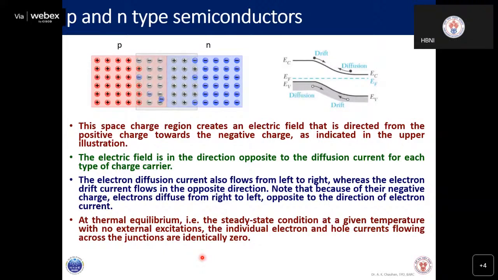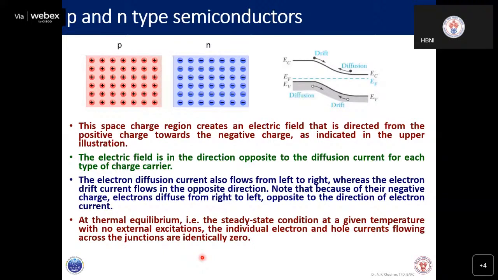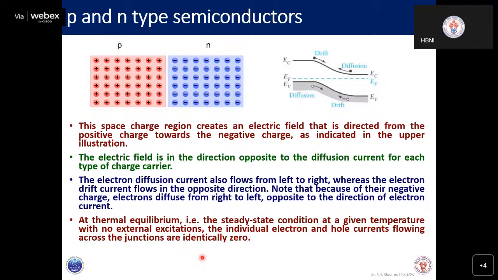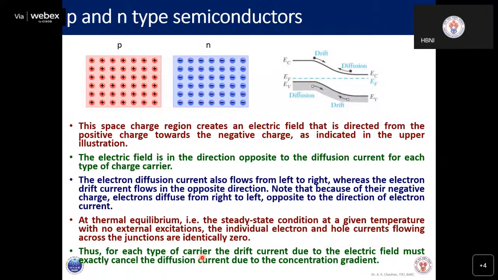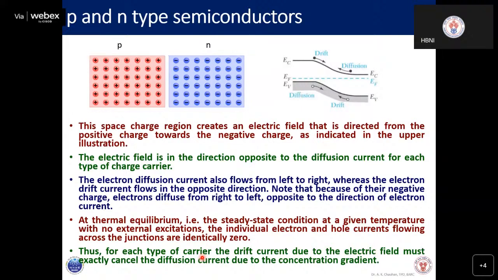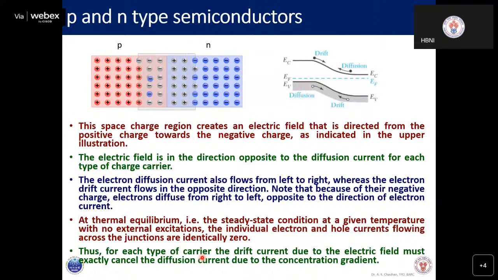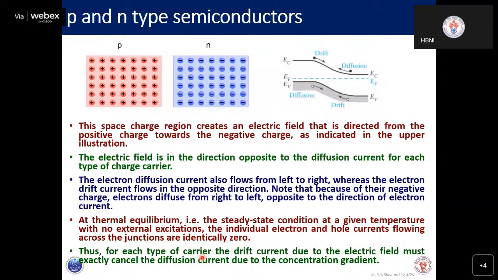So neither electrons will move from one side to another, nor holes, and the total current will be zero. Thus, for each type of carrier, the drift current due to the electric field must exactly cancel the diffusion current due to the concentration gradient.